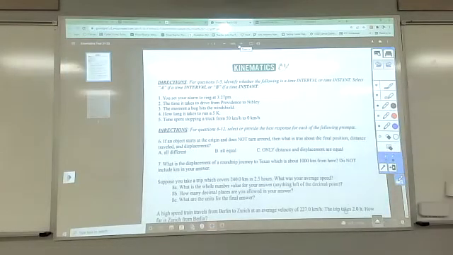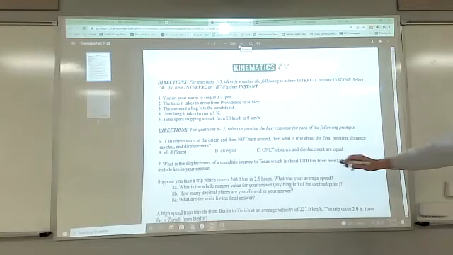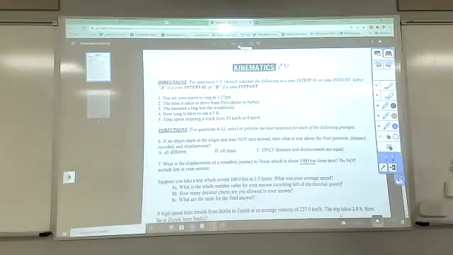Number 7, what is the displacement of a round trip journey to Texas, which is 1,000 kilometers from here? Do not include kilometers in your answer. Okay. This number over here, 1,000 kilometers, that is the displacement from here to Texas. But the question asks, what would be the displacement of a round trip journey? Round trip being the operative word.